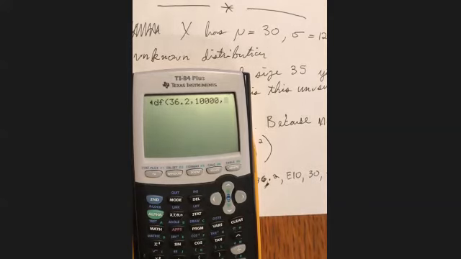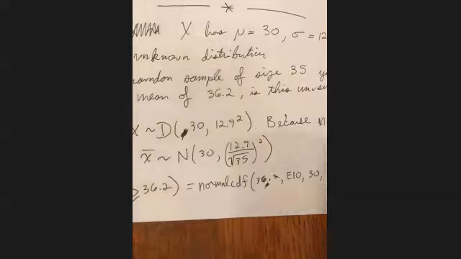I'm doing one with 10 zeros behind it, but this will give us a result that's close enough. 30 for the mean, and then 12.9 divided by the square root of 35 for the standard deviation. Hit enter, and we get a result of 0.00223.